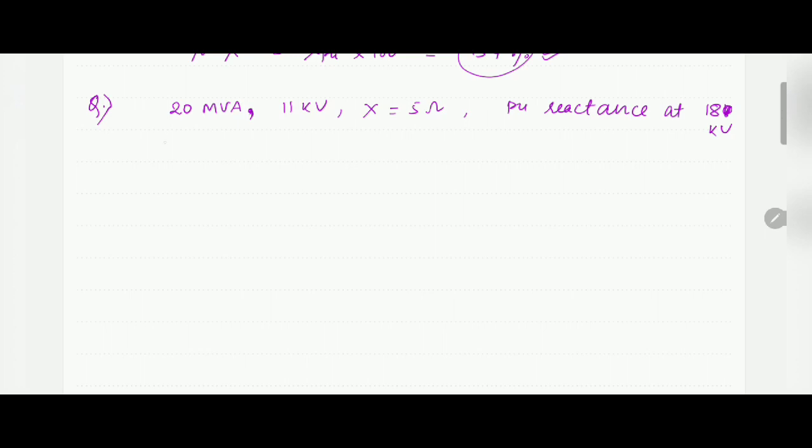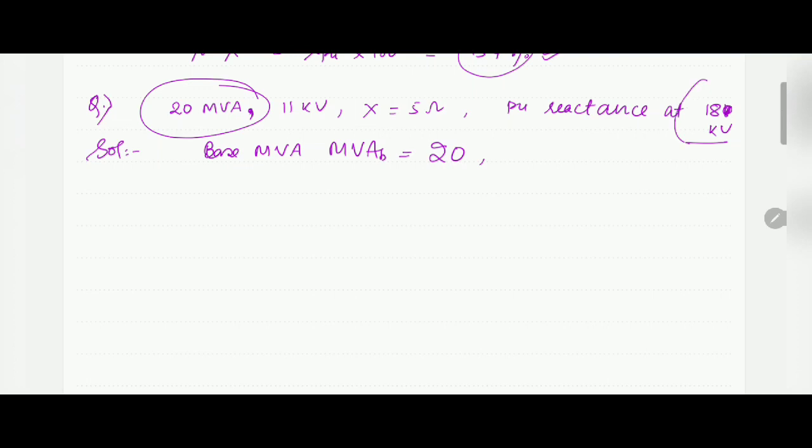In this case we have not been given the value of base MVA, so we will have to take the rating of the generator as base MVA. So it will be 20, but the base voltage is given here, so we will have to utilize 18 kV as base voltage.